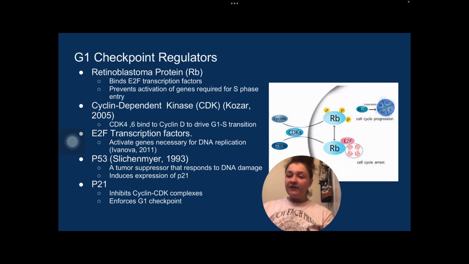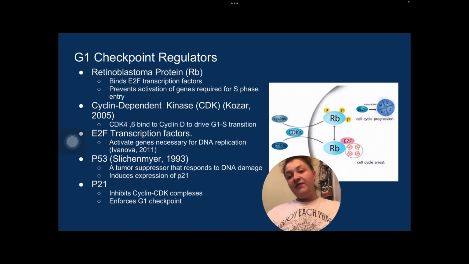During the G1 phase, cyclin D binds to CDK4 and 6, forming a complex that initiates the phosphorylation of the retinoblastoma protein, or RB protein. Phosphorylation of the RB protein releases E2F factors, a transcription factor that activates genes required for DNA synthesis, allowing the cell to transition from G1 phase to the S phase.